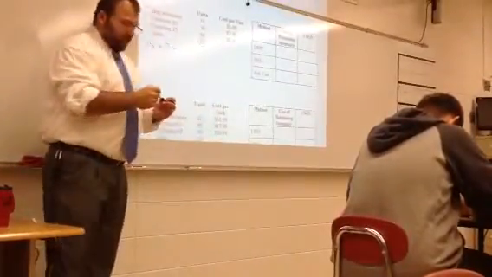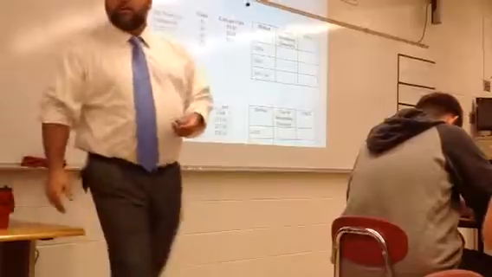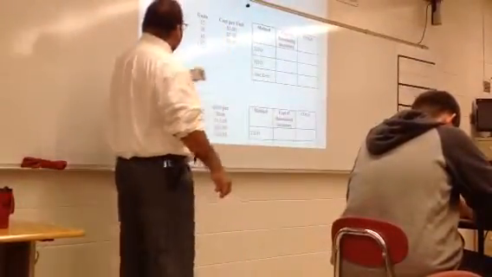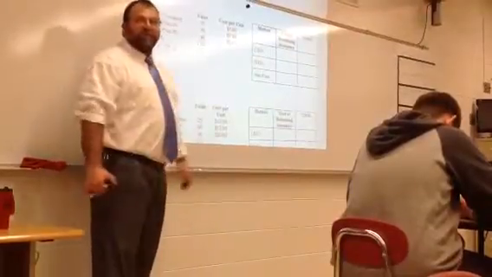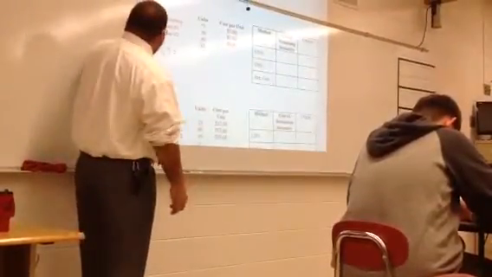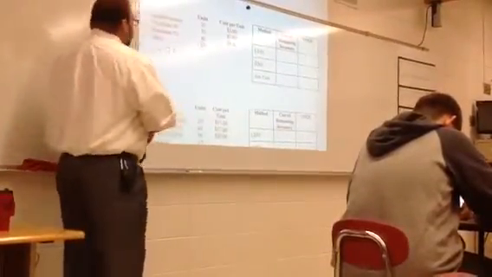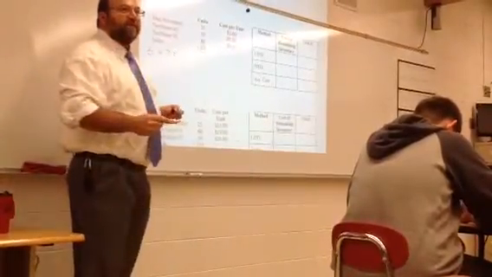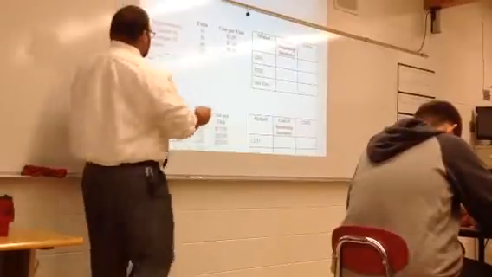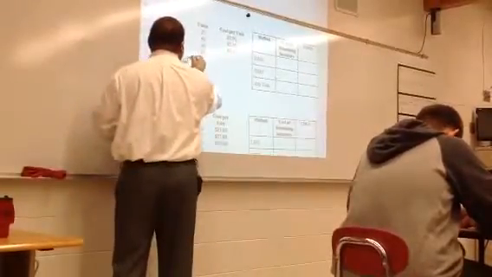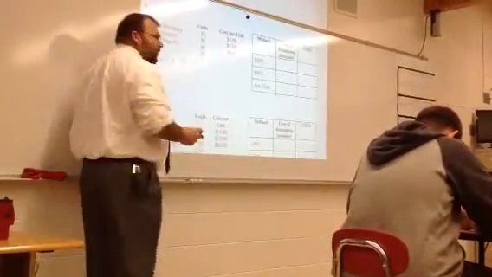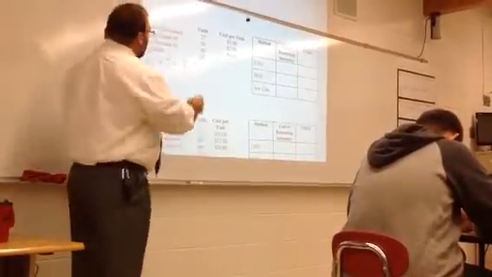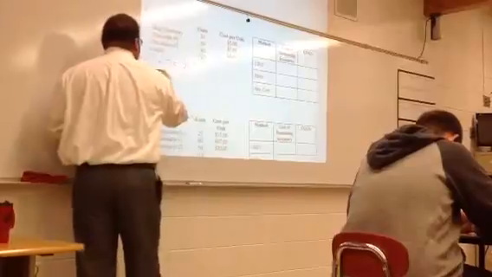Wouldn't you take 45 from the 50? 35. Yeah, you're right, 45. Okay, my bad. 45. So that means we've got how many left of that? 5, right? Okay, so we've got $35 worth of inventory left from that, plus all of the beginning.